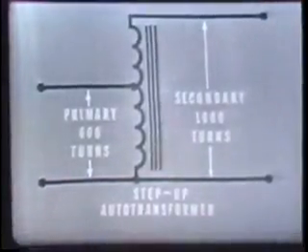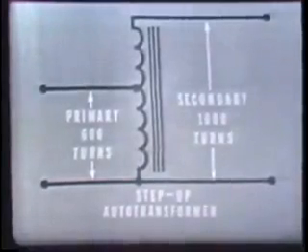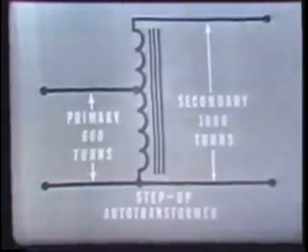Now, a special type of transformer which uses only one winding for both the primary and the secondary coils is the auto transformer. In addition, an auto transformer can be used either as a step-up or as a step-down transformer. When used as a step-up transformer, all of the primary winding is part of the secondary winding.